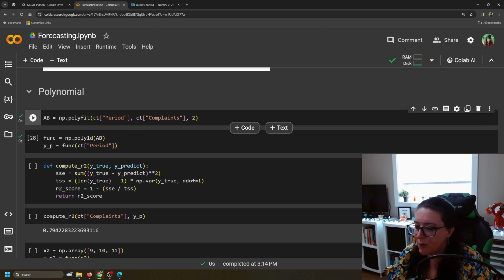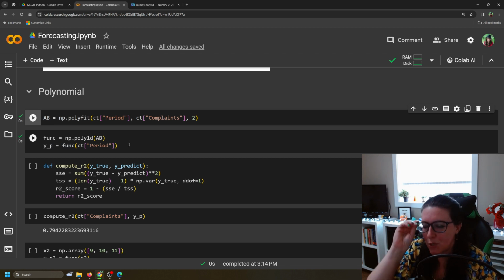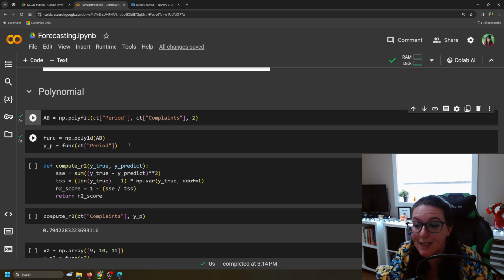Okay, so if you leave this as AB, all you have to do is change the CT period and CT complaints to your own data set. You can run this function just as is. And we want it to forecast, so we want it to predict values of y using that function, using the periods.